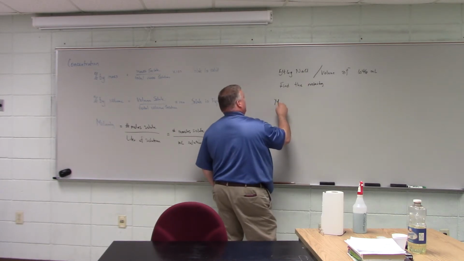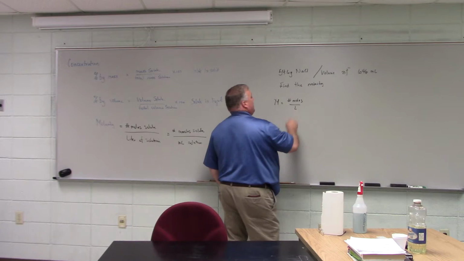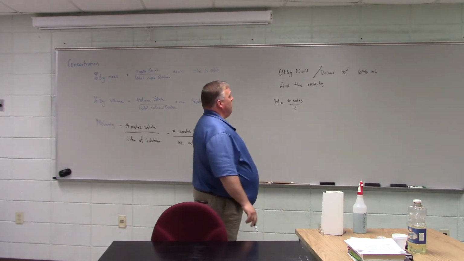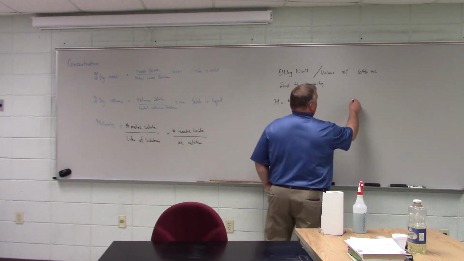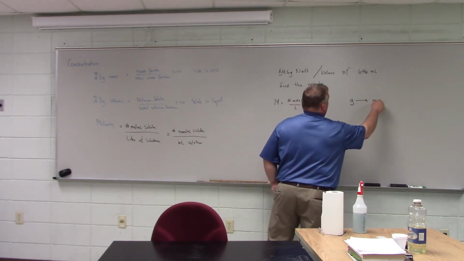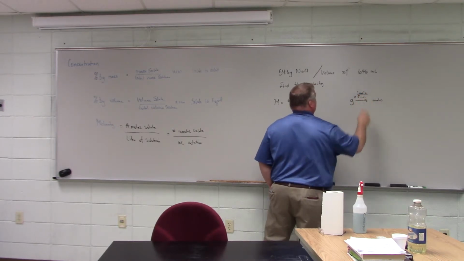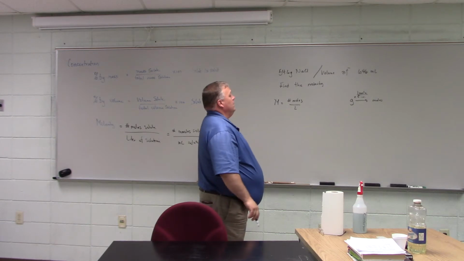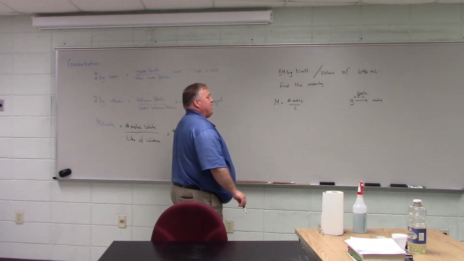Well, molarity is equal to the number of moles per liter. So we have grams, and we remember from earlier that grams can be converted to moles by simply multiplying by the factor of 1 mole over that material's formula weight. And milliliters can be converted to liters by dividing by 1,000.